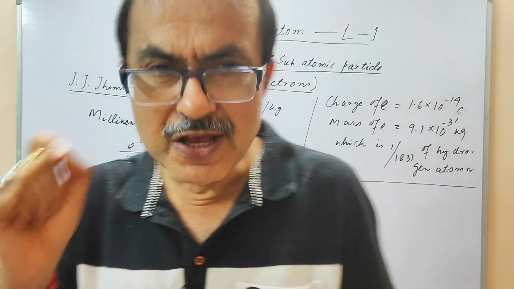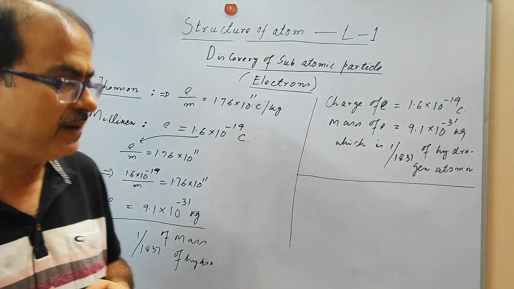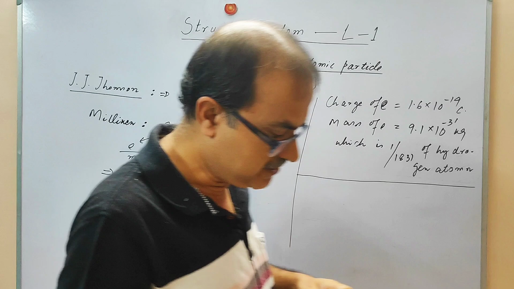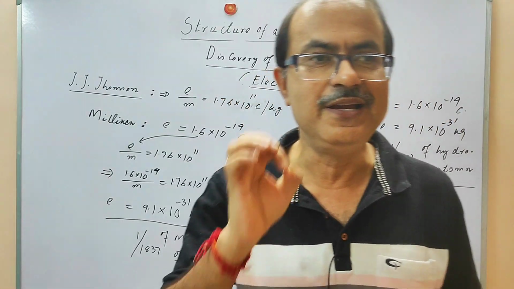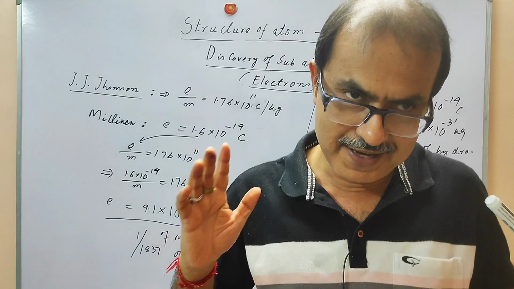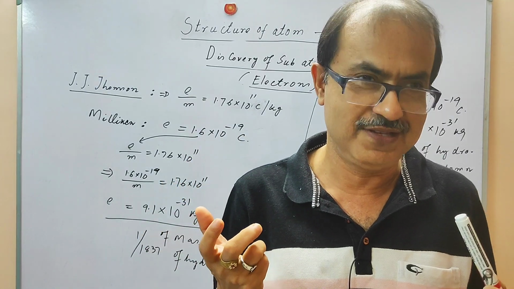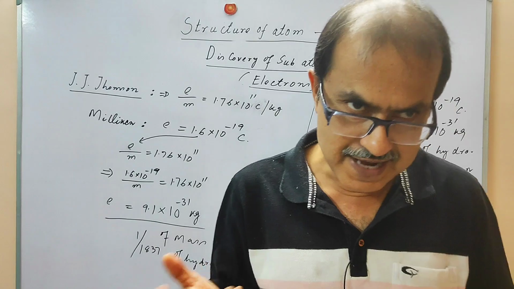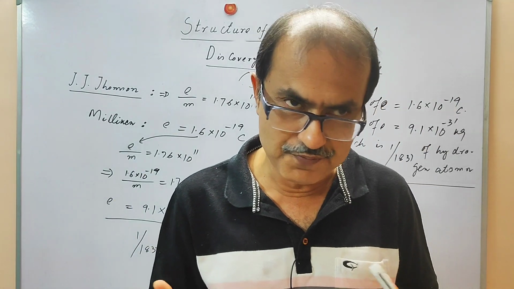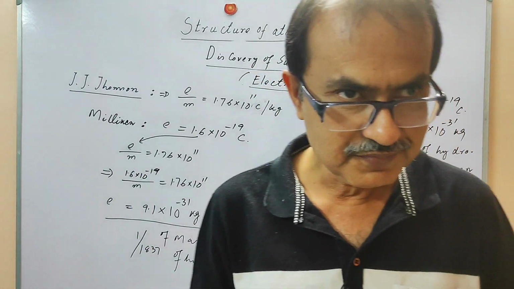And about the mass of the electron, one thing I will tell you: this is basically a stationary mass. When the electron is stationary, suppose I am stationary here, I have some mass. But if I move with some speed, will this mass of myself remain? It will not.